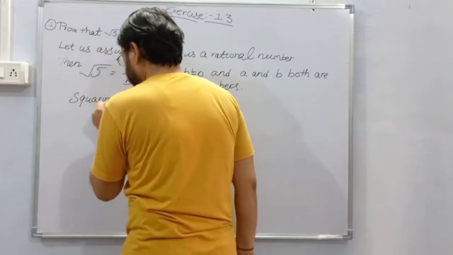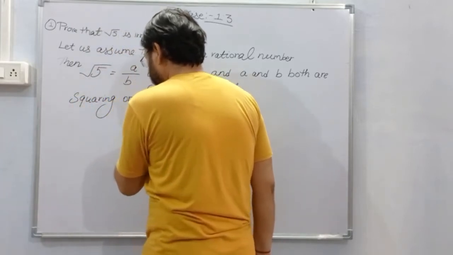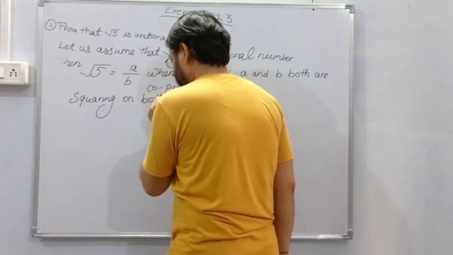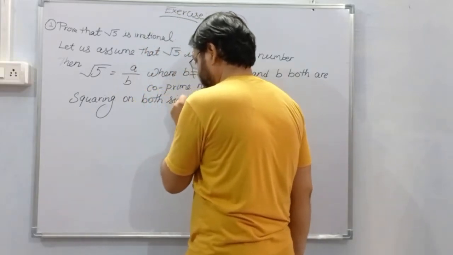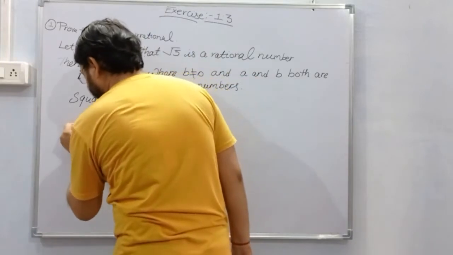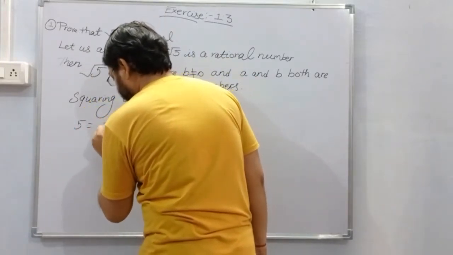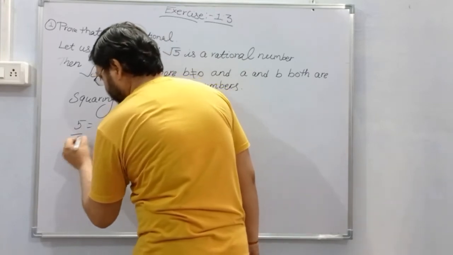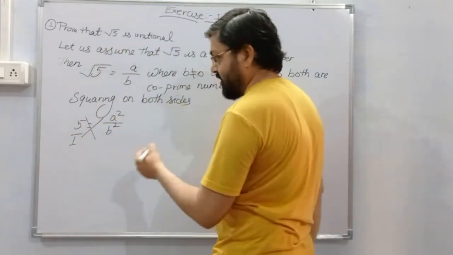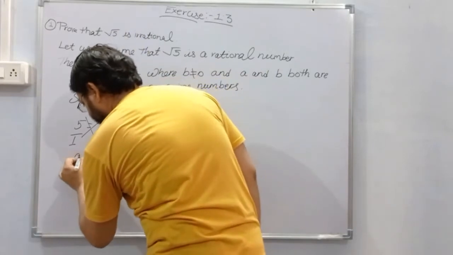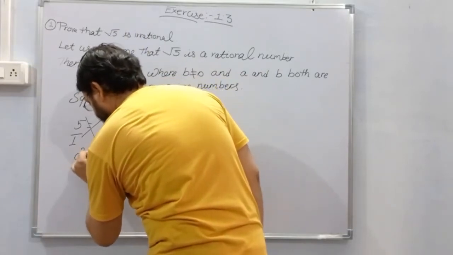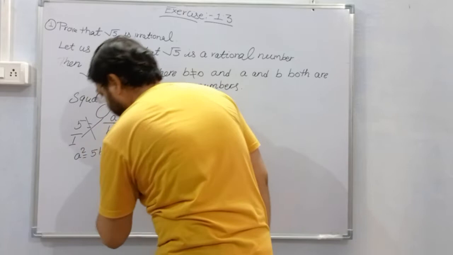This becomes a square upon b square. Now put 1 here and apply cross multiplication. This becomes a square is equal to 5b square.